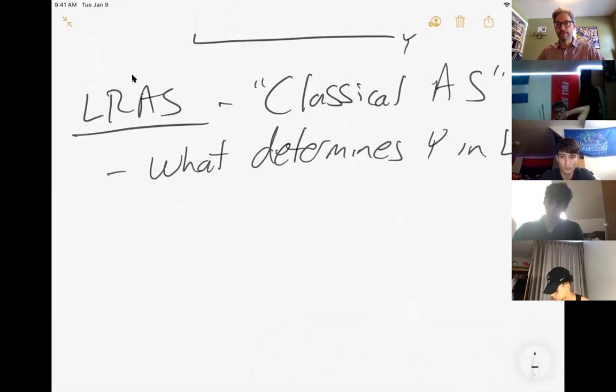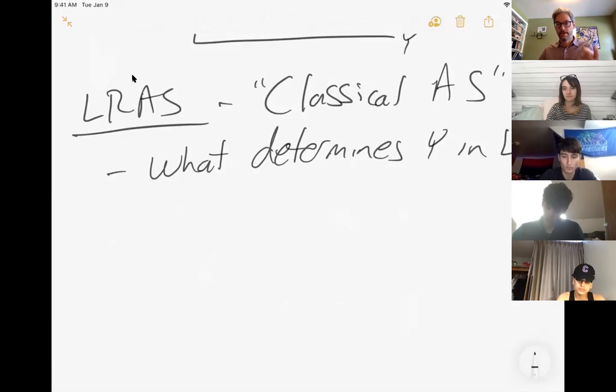What determines output in the long run? This was the key theme of chapter 9. What determines output in the long run? Anybody? Productivity. Productivity, which is based on three things, right? Human capital, physical capital, technology.